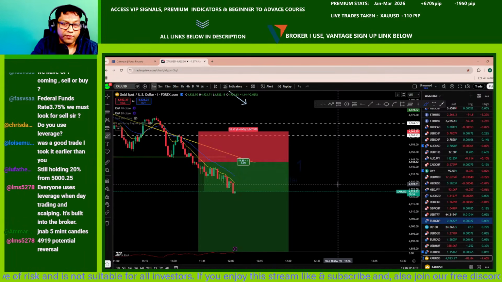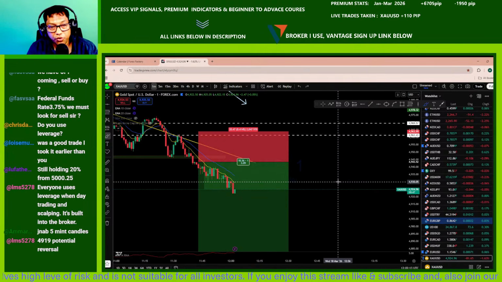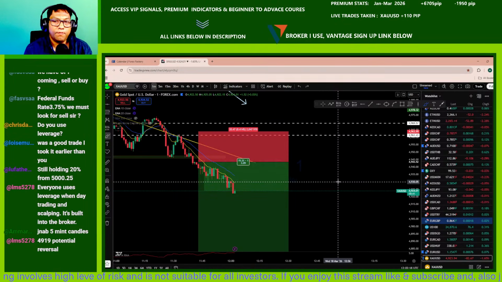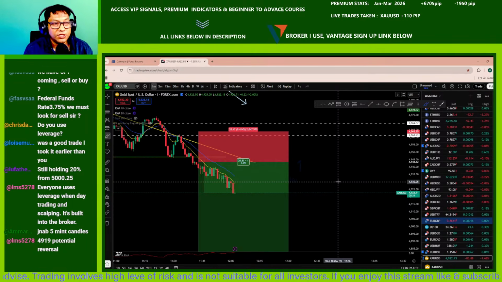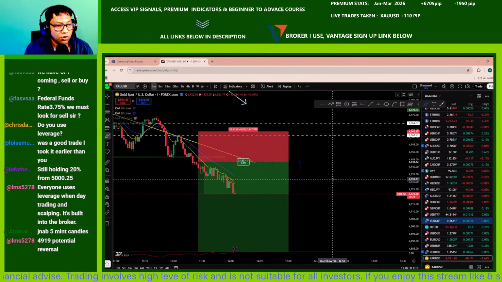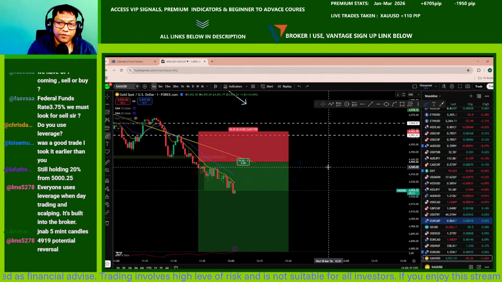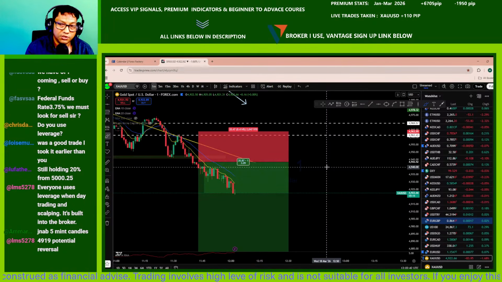Okay, so if you have a smaller account, then leverage is, look, if you have a very disciplined approach and you know how to manage the risk and manage the emotion, leverage is a very good way to grow. Because otherwise, if there is no leverage, it's going to be very hard for retail traders to trade the market.